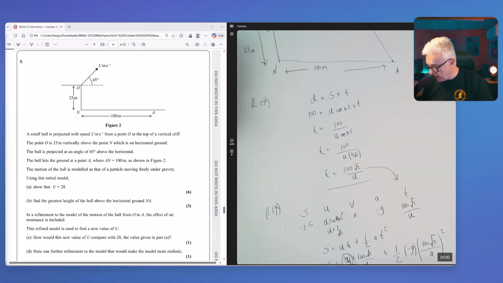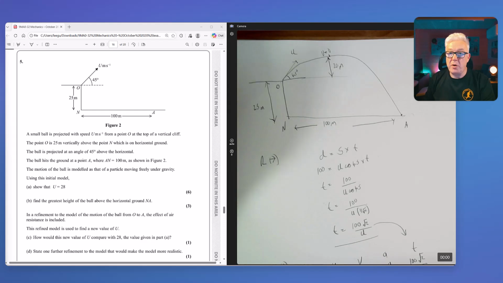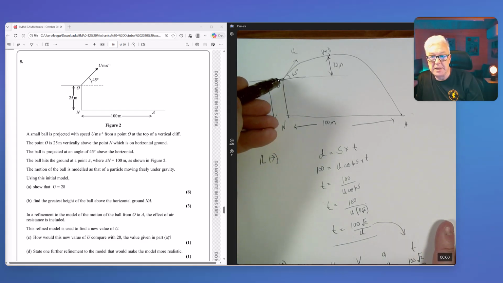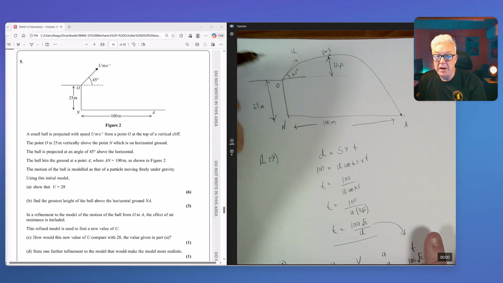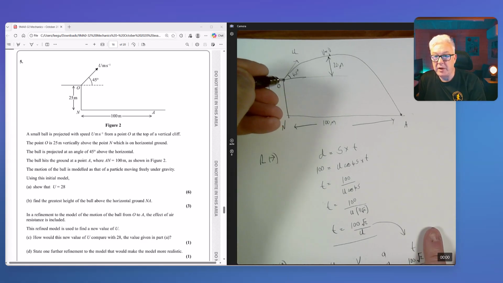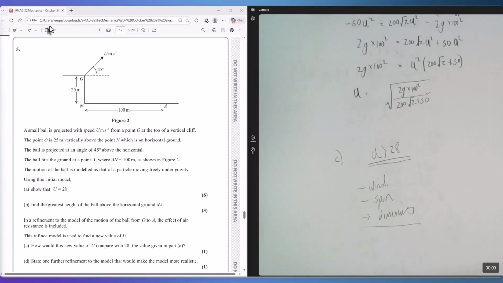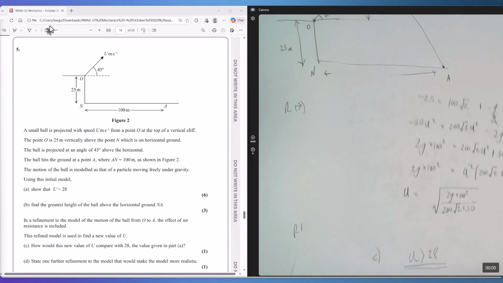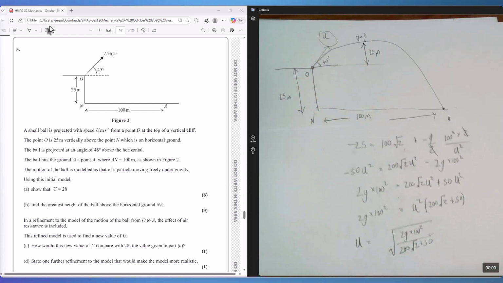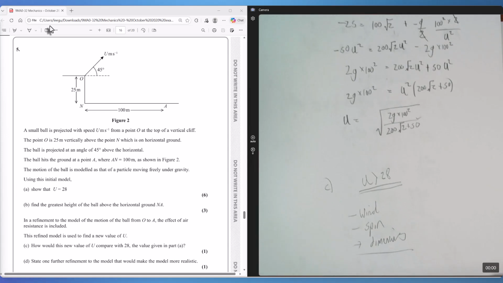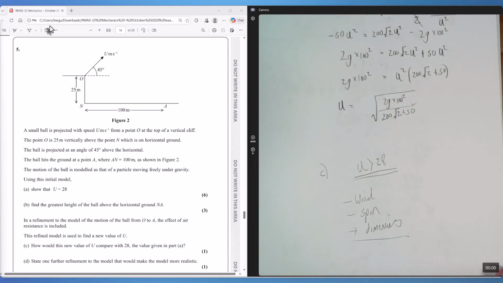But what they're implying is that you've got to imagine that the ball still ends at the same place. So if it's going to end in the same place, then it has to have been projected with a greater speed. So the answer is that U is going to be greater than 28.